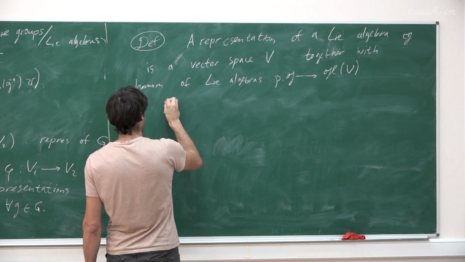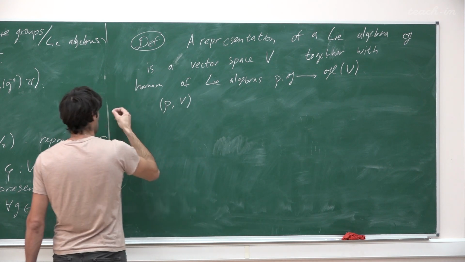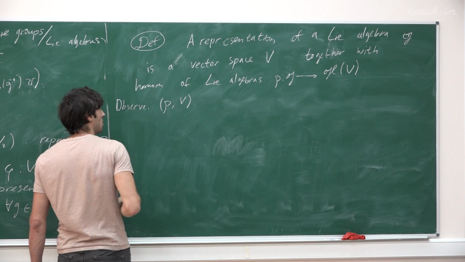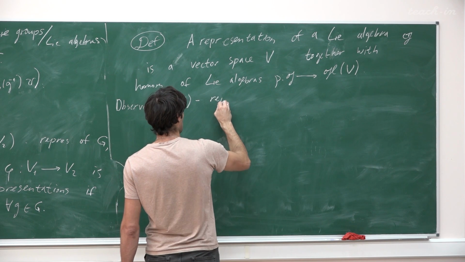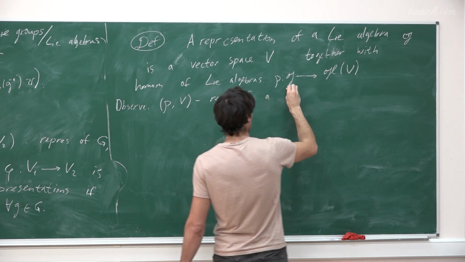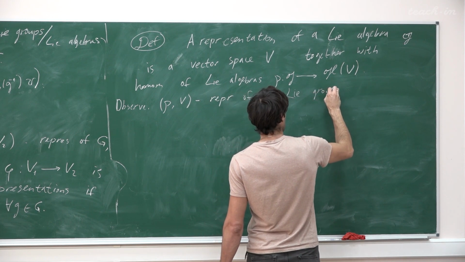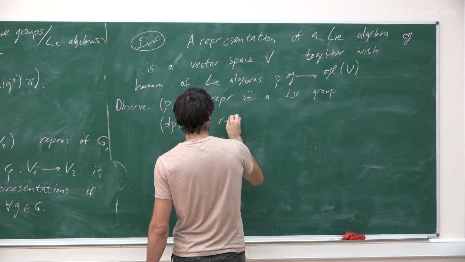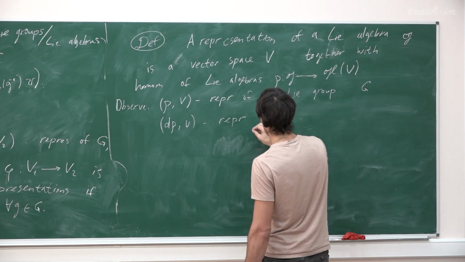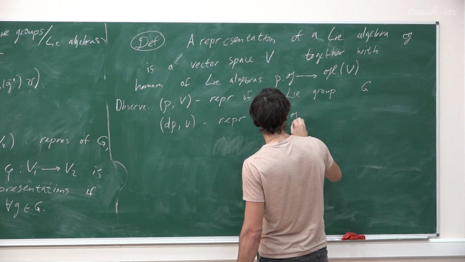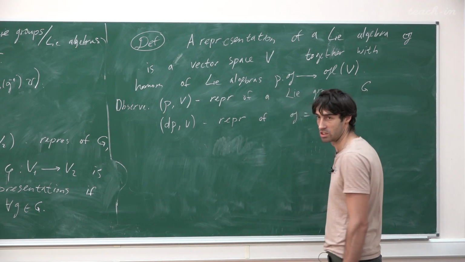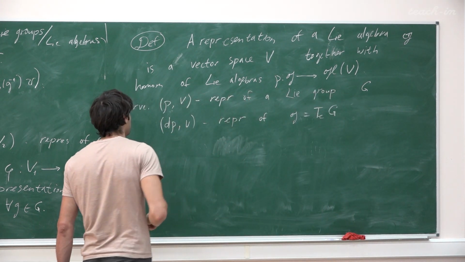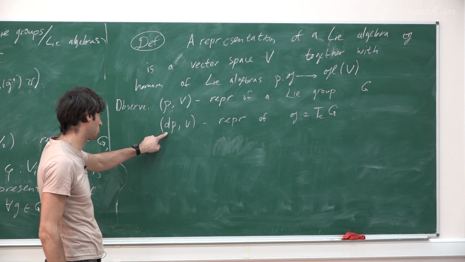Because if you have rho V, an observation: if this is a representation of a Lie group, then this is a representation of the corresponding Lie algebra of G. So if this was a homomorphism of Lie groups, this is a homomorphism of Lie algebras.